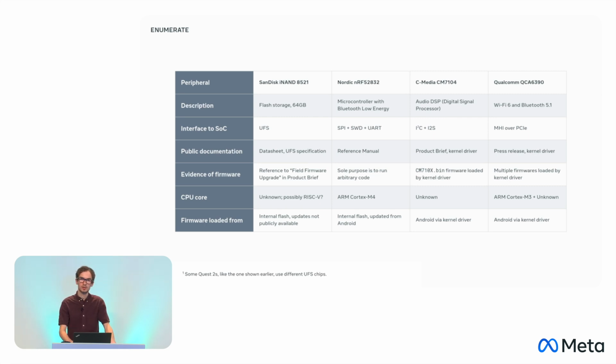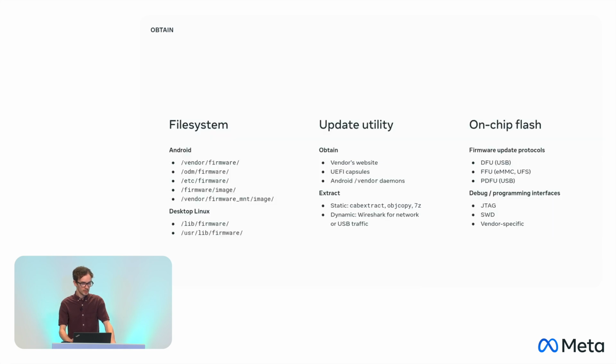Once you have this table, and you've picked a device to analyze, how do you actually get the firmware? That brings us to part 2, obtain. And like I said, sometimes it'll be very easy. If the driver loads firmware at every boot, you can just look through the paths on the file system, look for that firmware image that the driver named, and I've put a list of common paths on Android and Linux here where you might find that.